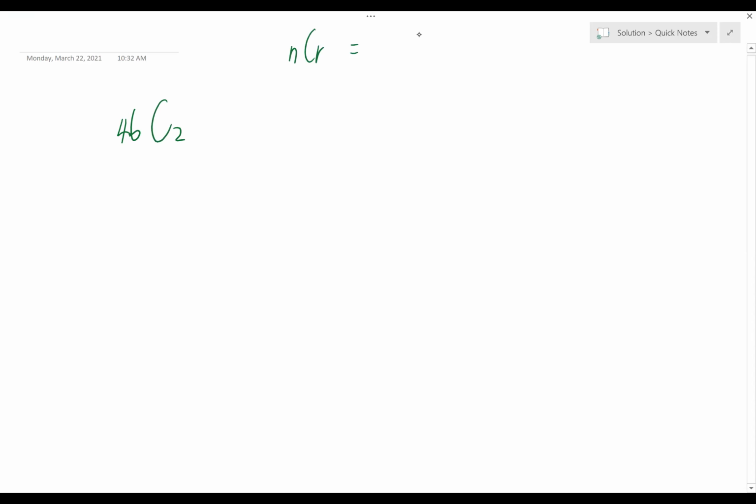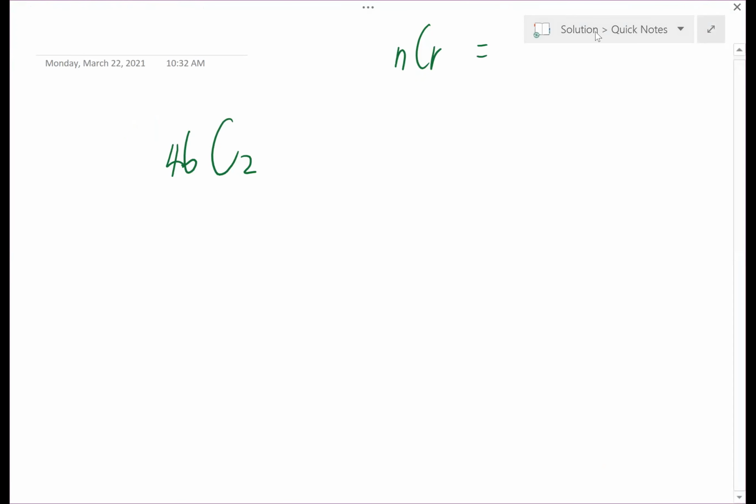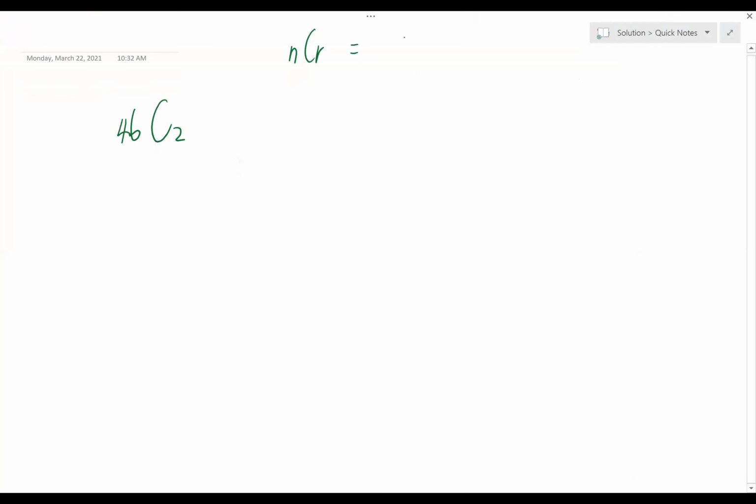So I just want to show you the general formula here. It's n factorial over r factorial times n minus r factorial. So right here it should be 46 factorial divided by 2 factorial times 46 minus 2 factorial.